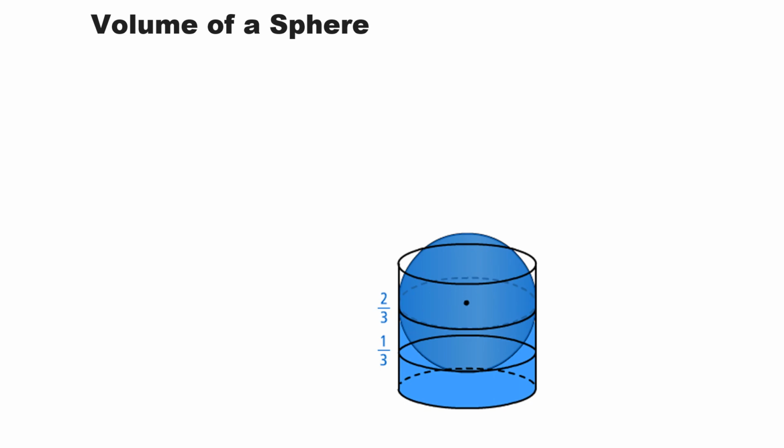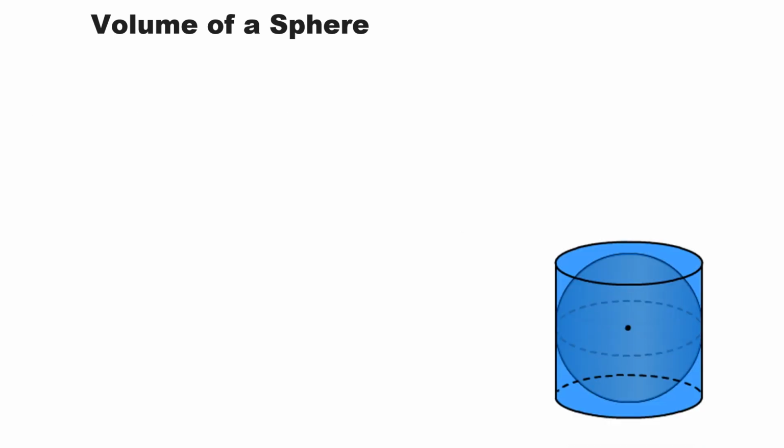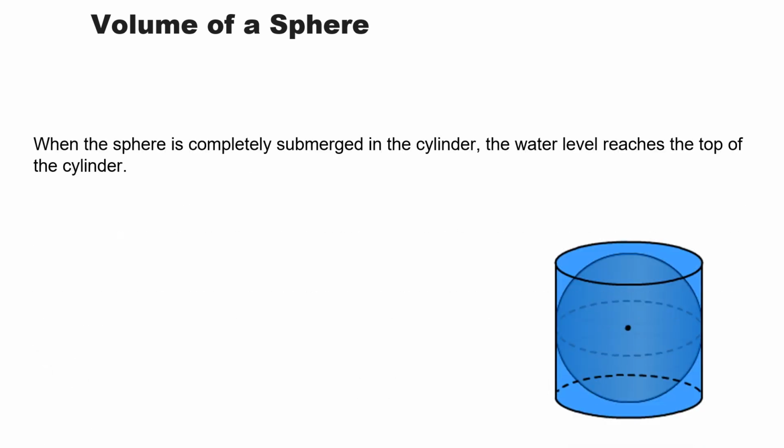If we place the sphere inside the cylinder, what do you think will happen? That's right, the water inside the cylinder rises. When the sphere is completely submerged in the cylinder, the water level reaches the top of the cylinder.